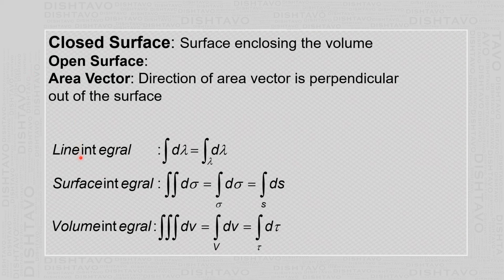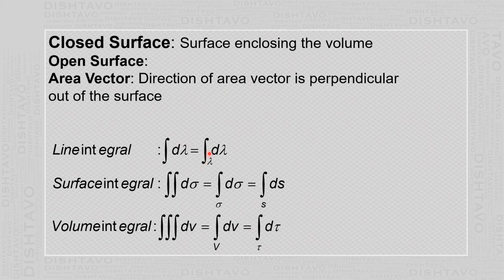The line integral, as I mentioned earlier, is integration with respect to length. So it is represented like this. This is a symbol. In fact, here, if the limits are not given, that means it is an indefinite integral. So we write integral d lambda, and here lambda, when we write below this integral sign, it shows it is a line integral.